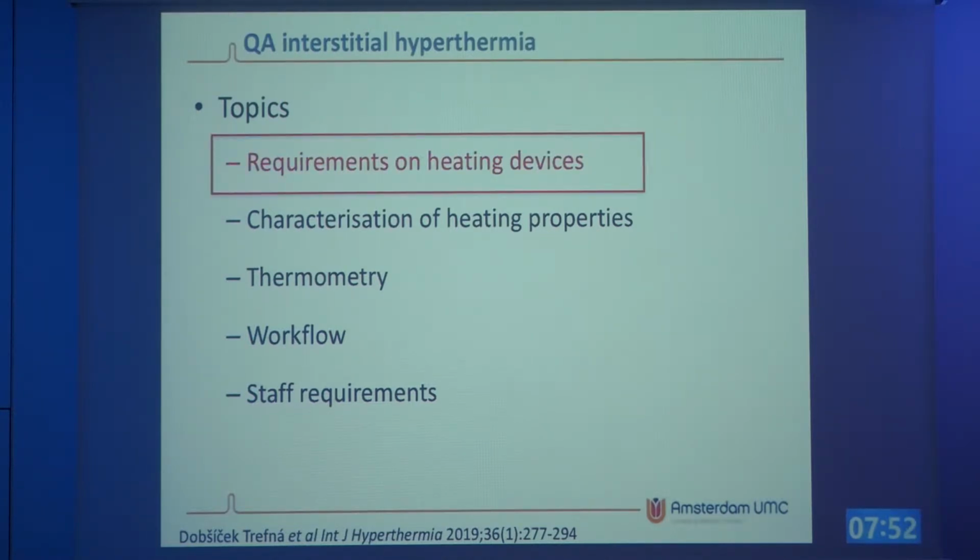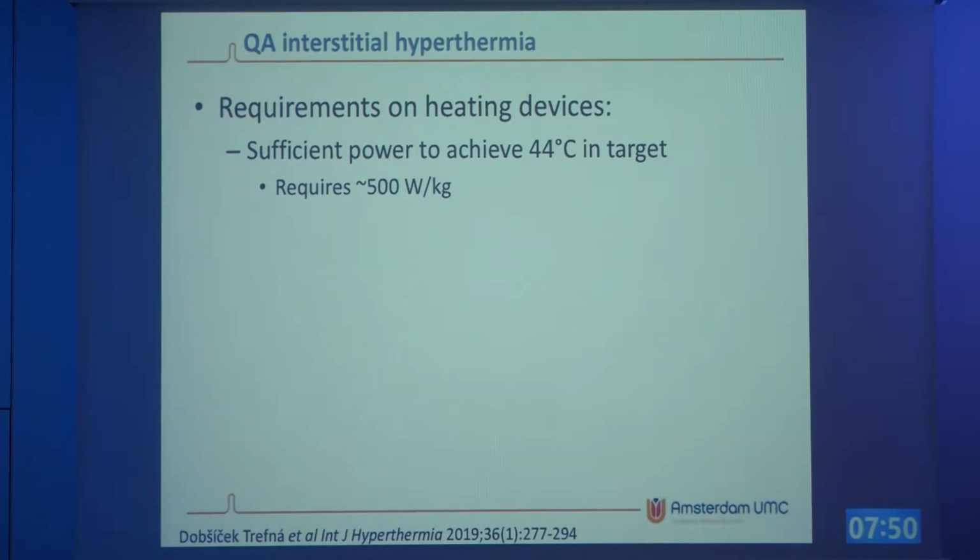So the requirements on the heating devices. First of all, an important requirement is that there should be sufficient power available to achieve 44 degrees centigrade in the target region. And in general, that means also including the local perfusion.